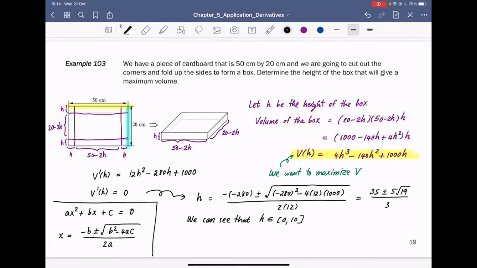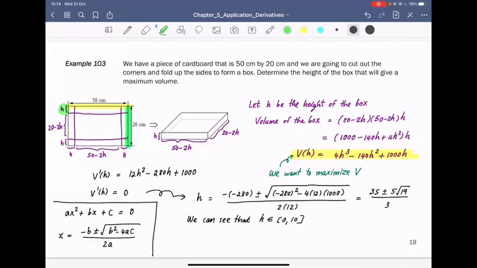How do we know that h must be between 0 and 10? This is because the width of the box is 20, as I highlight in green, right? If I want to cut 2 corners of length h, the maximum number for h must be 10, because if I use h equal to 10, you just cut 20 into 10 and 10.